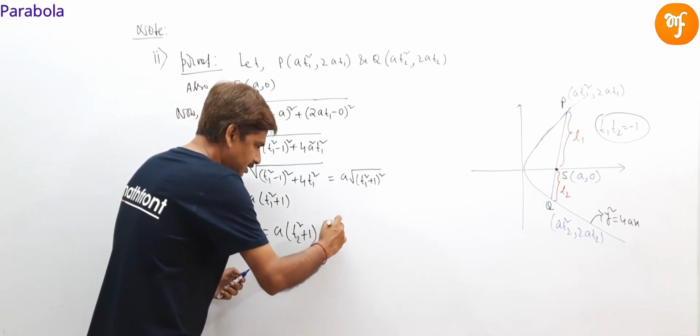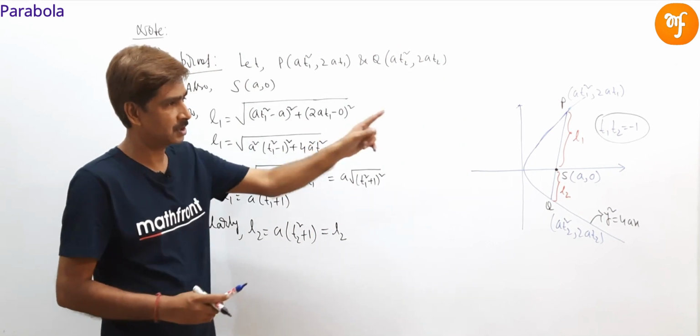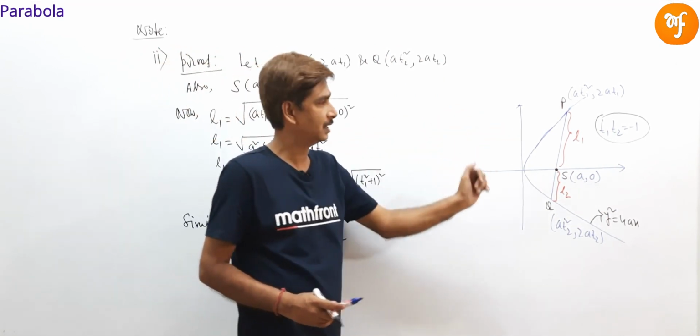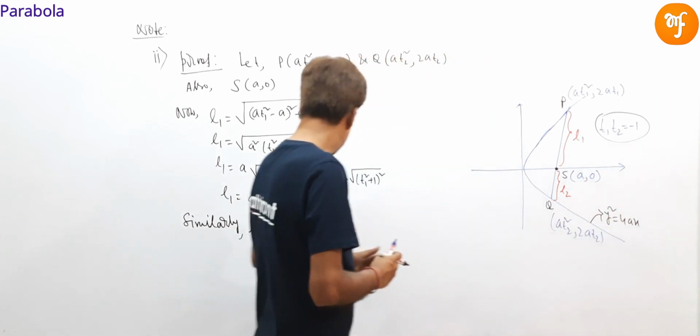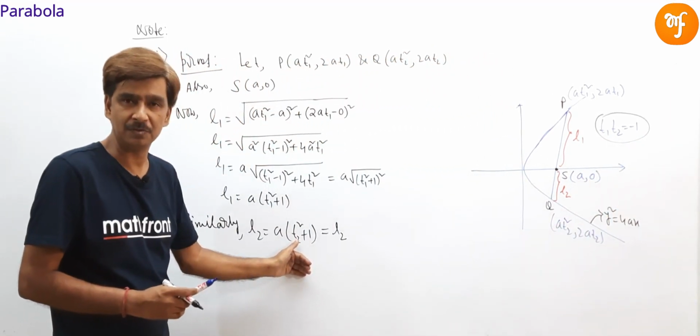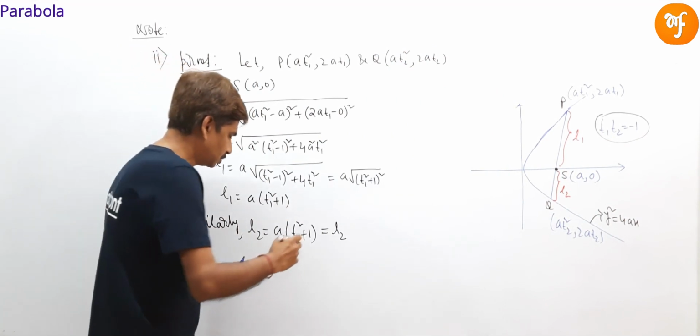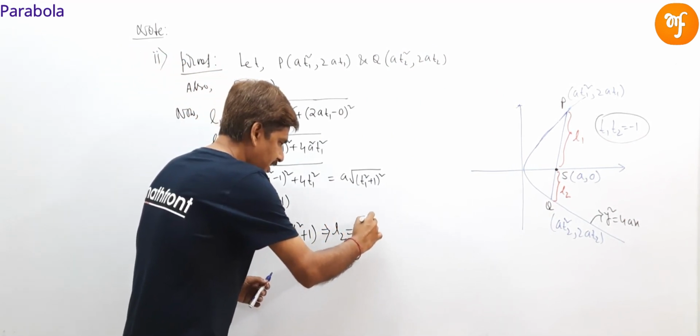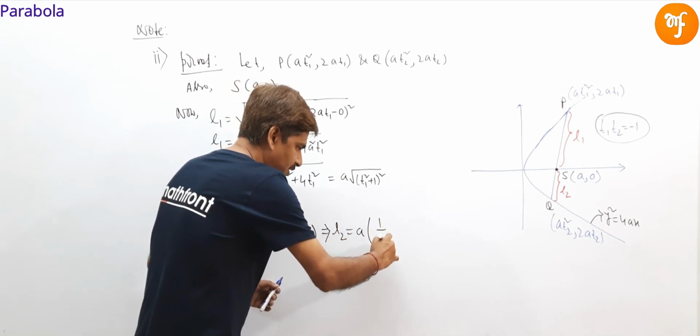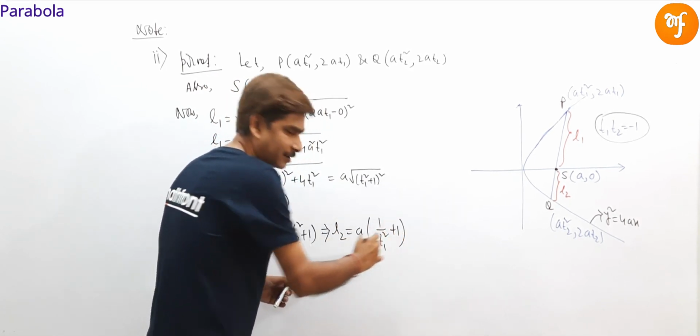So in this case, if we use t1 into t2 equal to minus 1, then the value of t2 becomes what? Minus 1 by t1. So substituting this value of t2 as minus 1 by t1, we can write L2 is equal to a into (1 by t1 square plus 1).